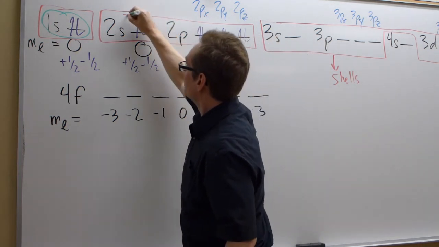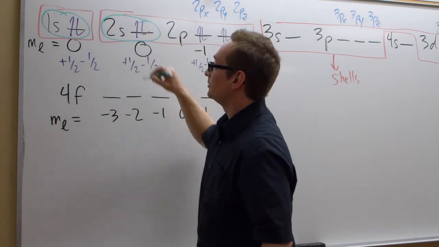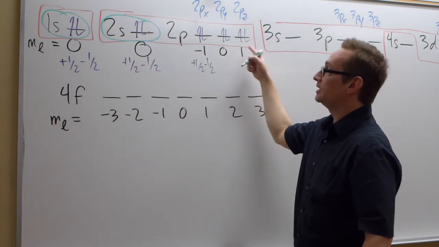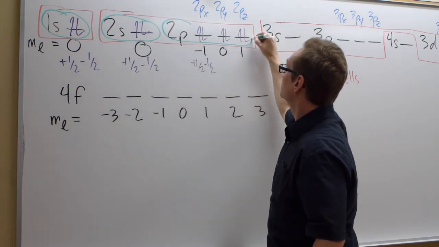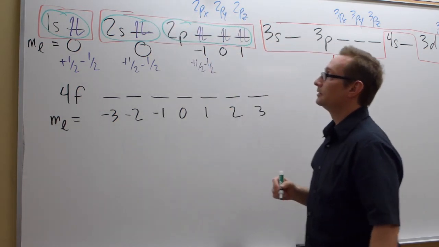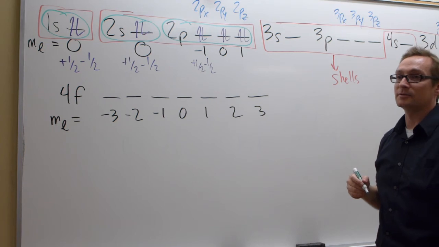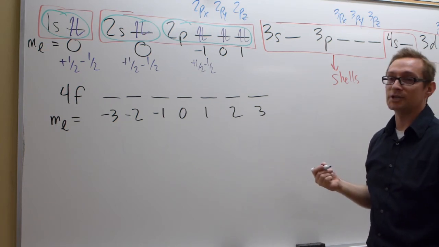Okay, the 2s is a sublevel or subshell within the larger n equals 2 shell. Okay, the 2p sublevel is also a subshell.